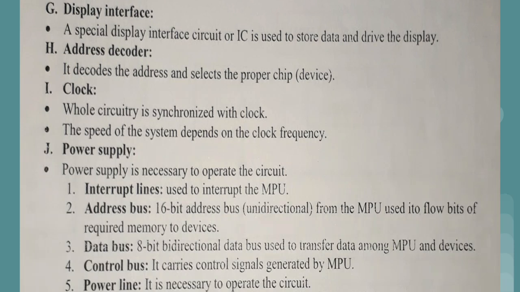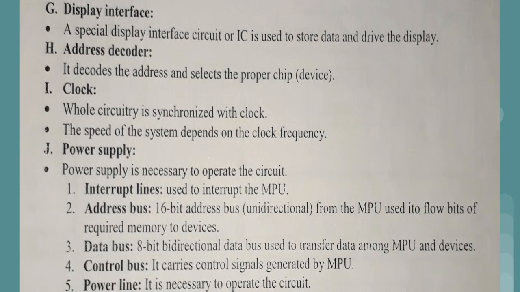This is one kind of IC, used to store the data and drive. Whatever we want to display on the output device is stored inside the display interface. Like the keyboard interface, it is again a kind of IC or memory which stores the output we are going to display on the 7-segment display.